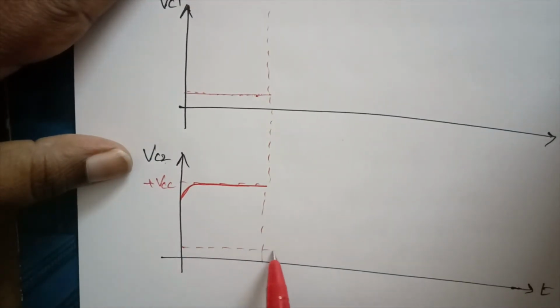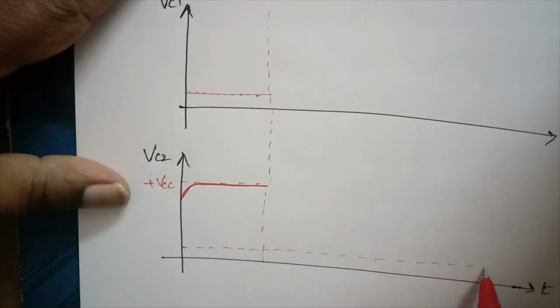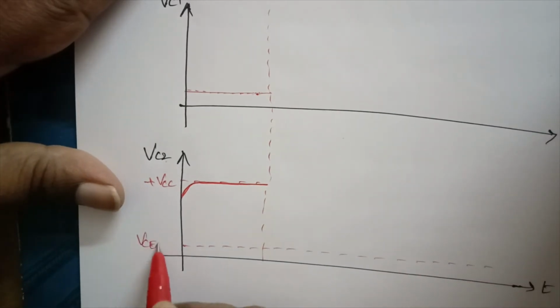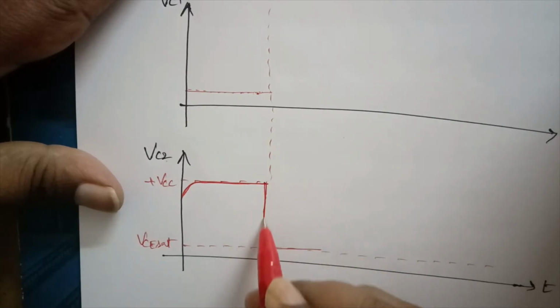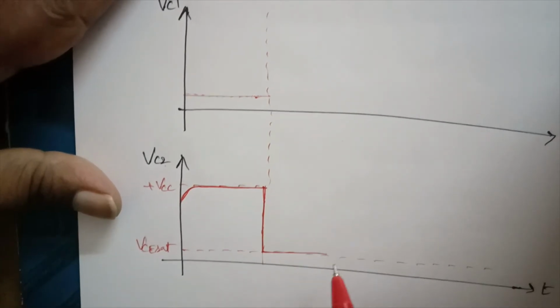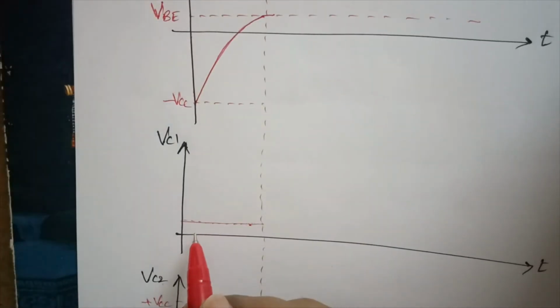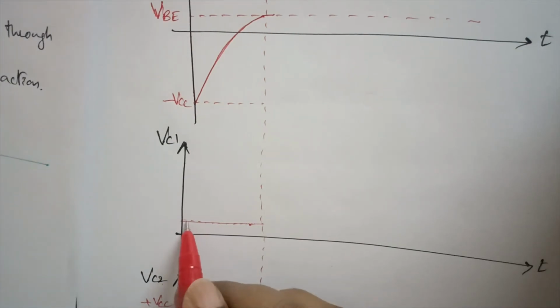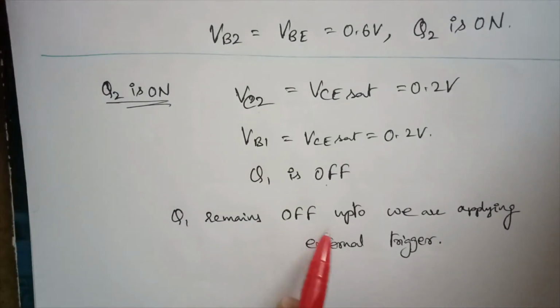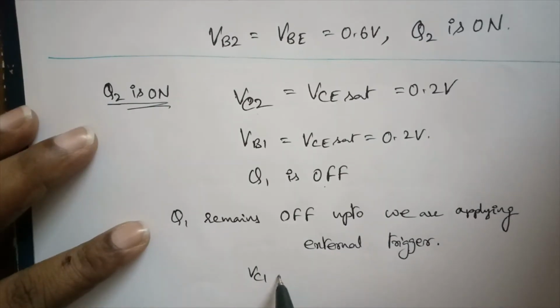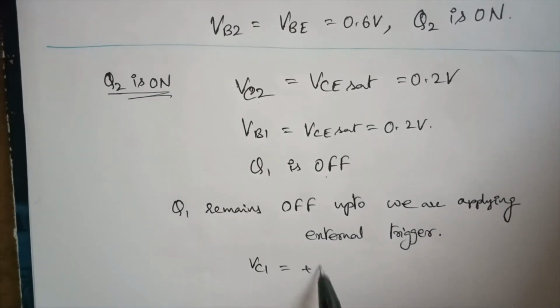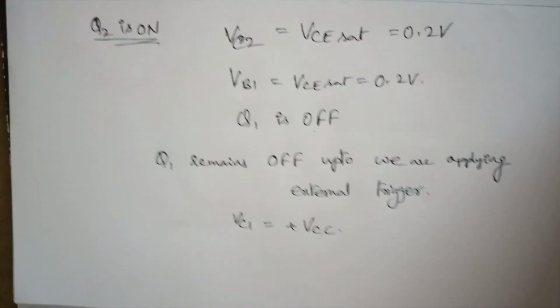Here I am taking one more reference value, that is VCE sat. So now the output of Q2 becomes VCE sat. And what about VC1? Once Q1 is off, VC1 becomes plus VCC.